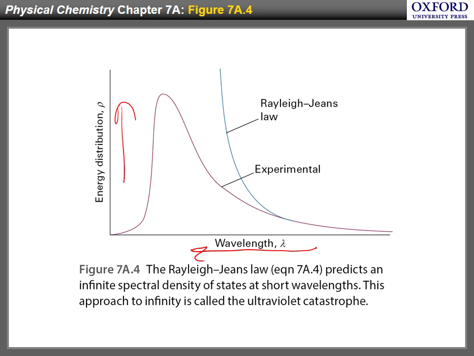Therefore, if we remember the earlier shown formula in which energy at a given temperature is an integral from 0 to infinity of rho lambda T delta lambda, it is also basically predicting that at temperatures that are above zero, the total energy density must be infinite.